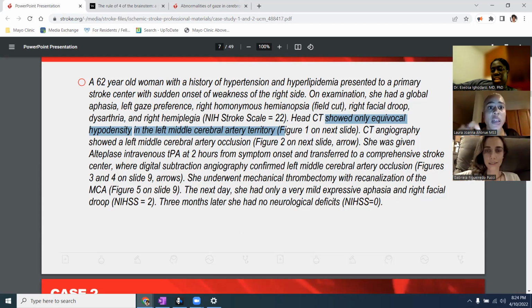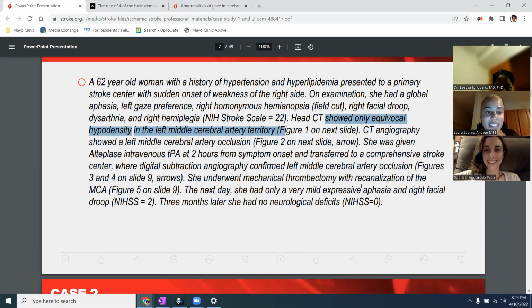If EMS has called a code stroke, then they'll go immediately to the nearest primary stroke certified. Many of the community hospitals are primary, and there are a lot more primaries than comprehensives. Oh, thank you for teaching me. This is why I love this study group, because we all learn from each other.